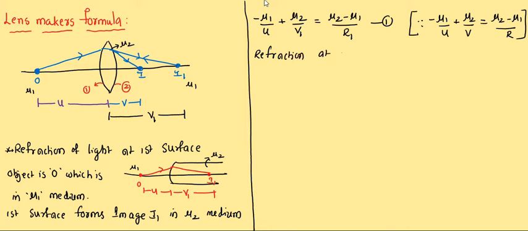Now refraction at second surface we have to write. The same formula we have to apply here. For this, we have to take which is the object, which is the image, and where it is.